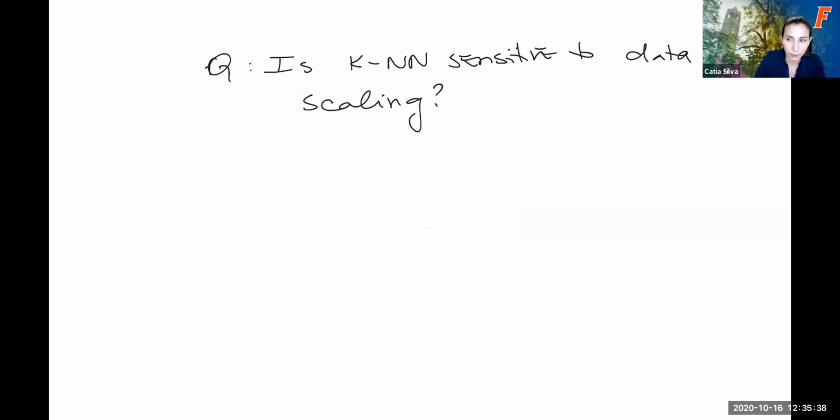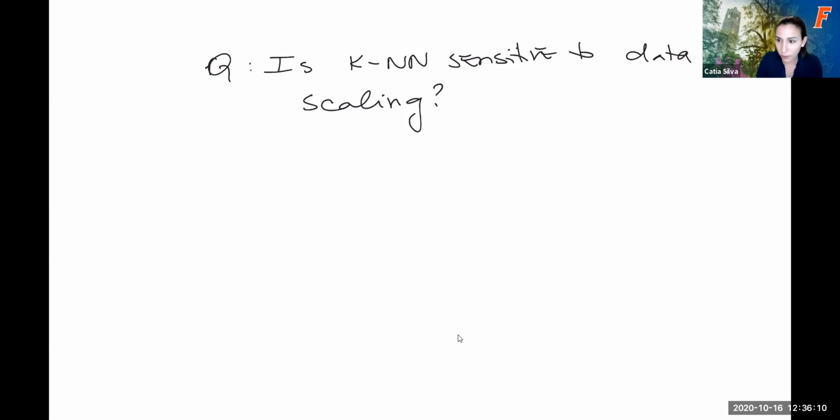And by data scaling, I mean the range that each feature value takes, right? And both Tyler and Lucas are saying yes, and Eric, so that's correct, right? And the reason why, again, is because we're using distances to compute the similarity of a test point to points in the training, right? And distances are going to be heavily influenced by the scaling values that each feature takes.